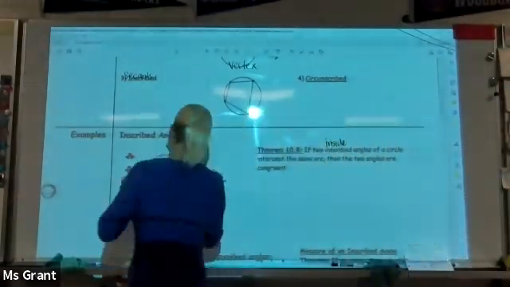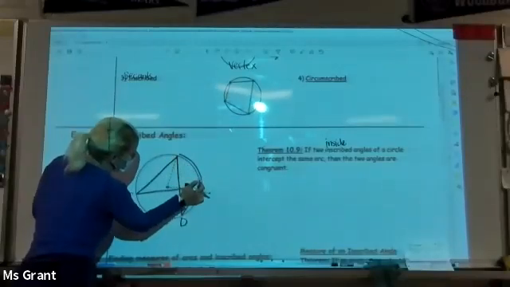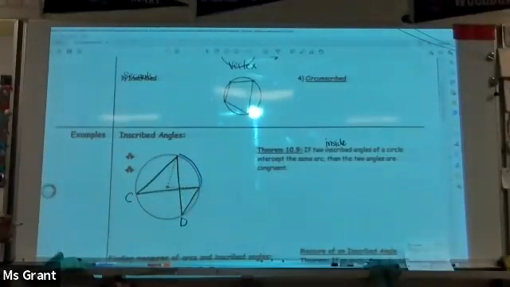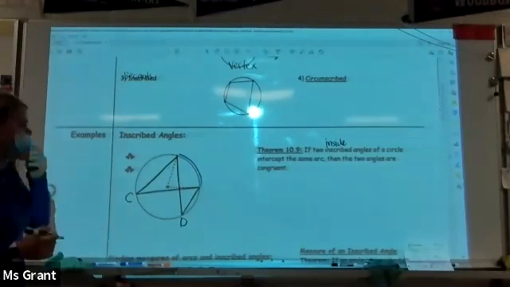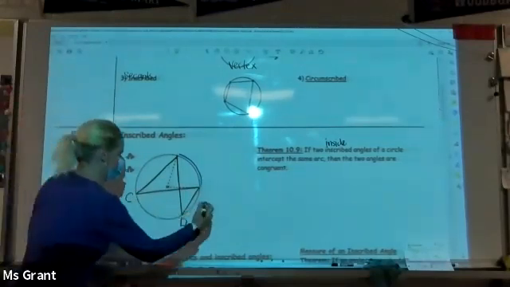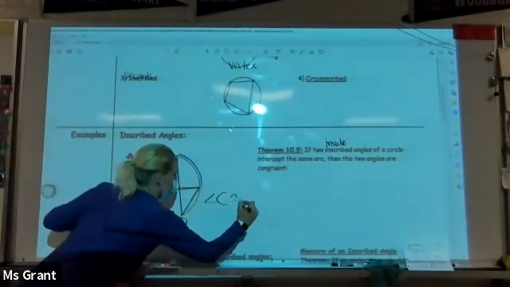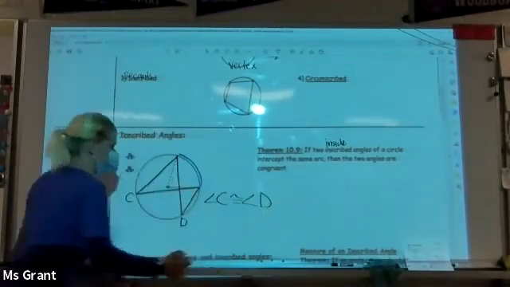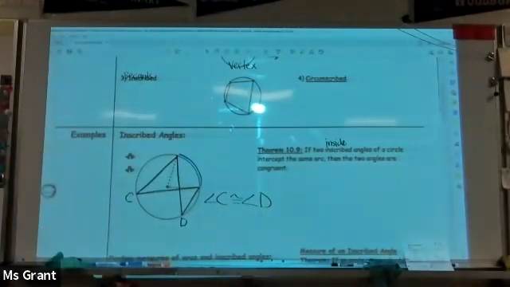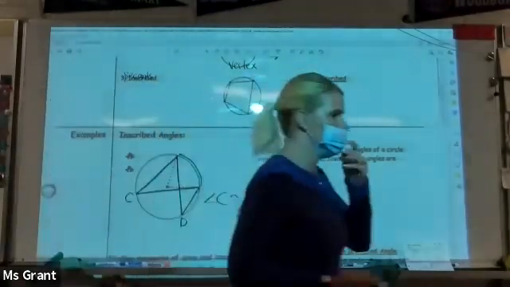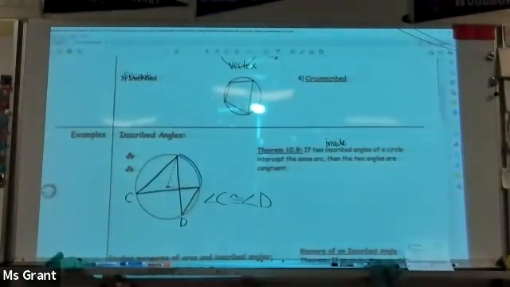Then the two angles are congruent. Angle C and angle D are congruent. Right? Seems pretty straightforward so far.